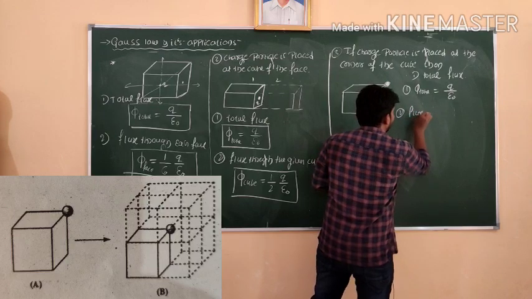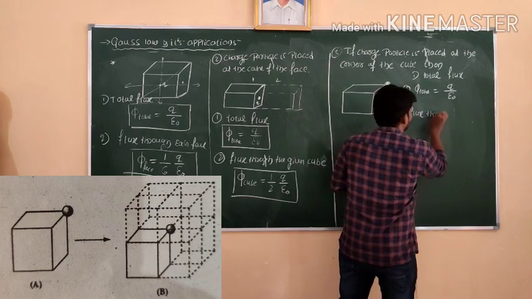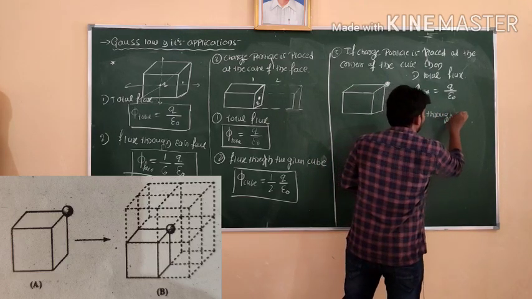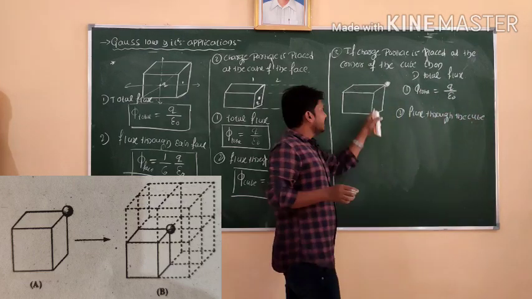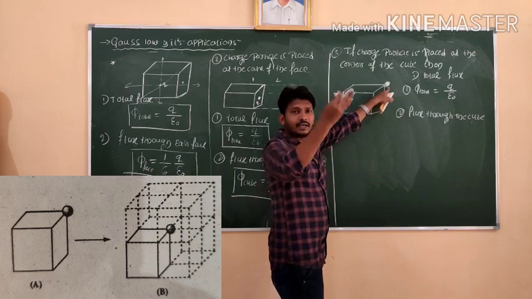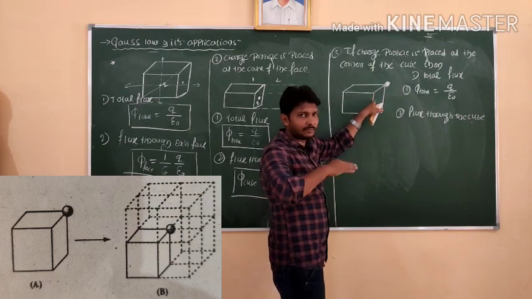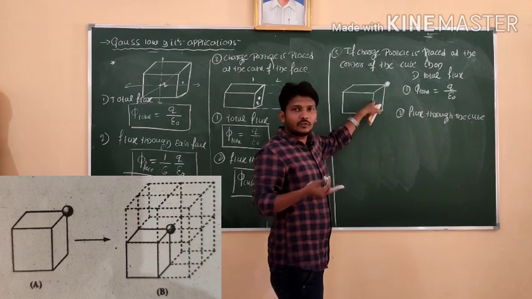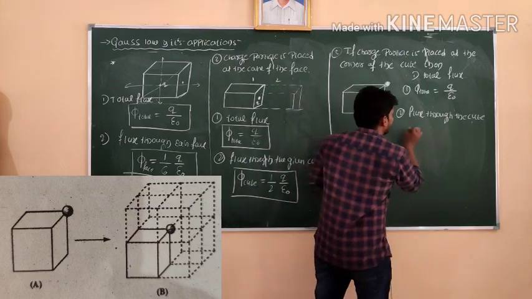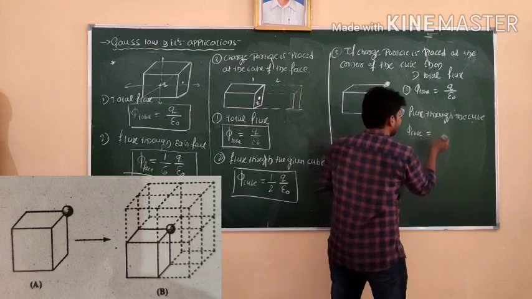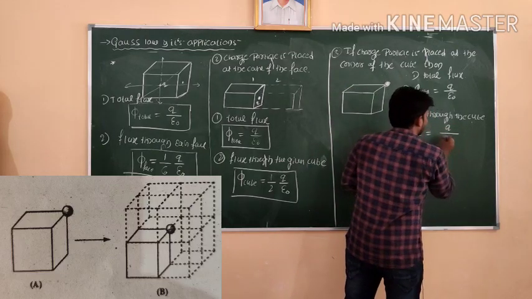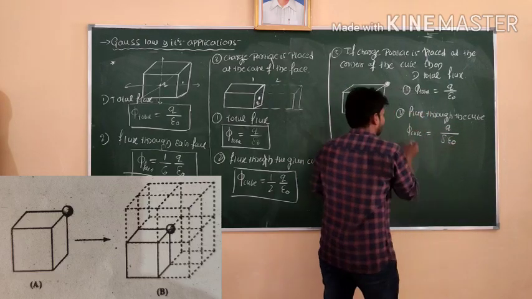So let me write the flux through the cube here. How many imaginary cubes will be required? 7 imaginary cubes. One is the exact, real cube. So the total will be 8 cubes here. So the flux through the cube is equal to Q divided by 8 epsilon naught.